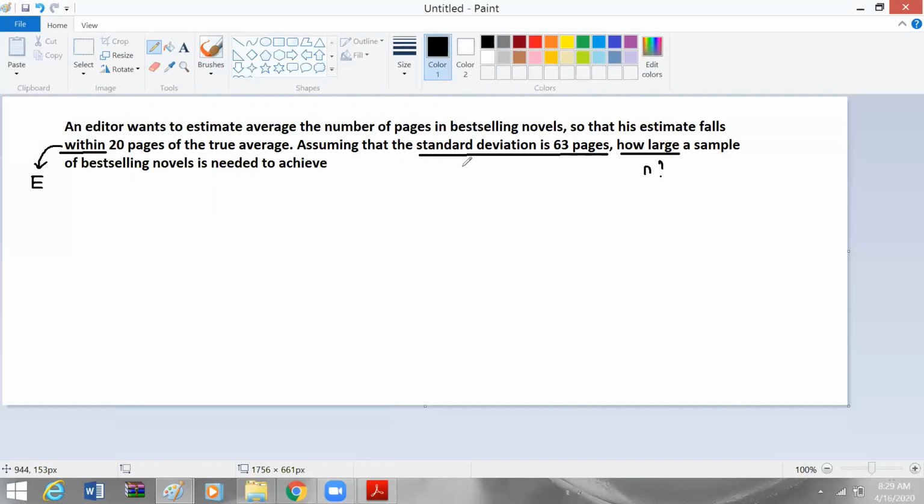The sigma, the standard deviation that we have, is 63. We're going to put that down as well so we don't lose the information. The error is 20 pages. The error usually is the smaller number that we have in the question. And to achieve this, we need one more thing, the confidence interval.